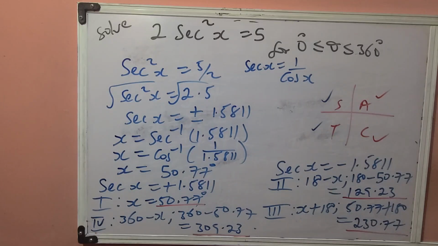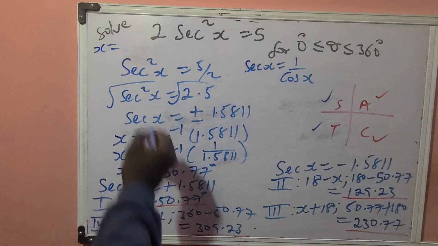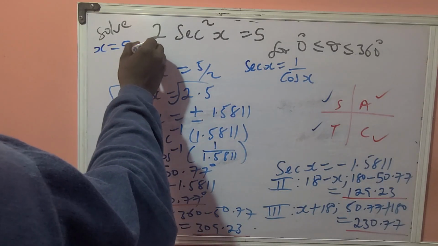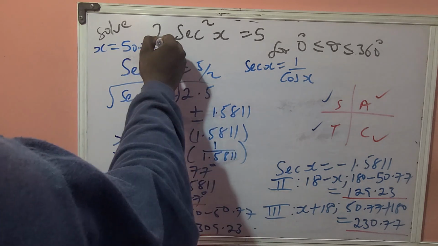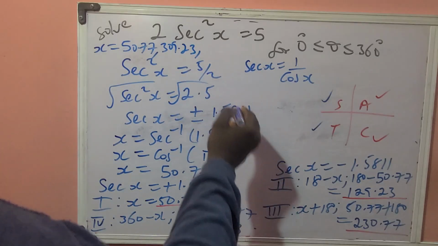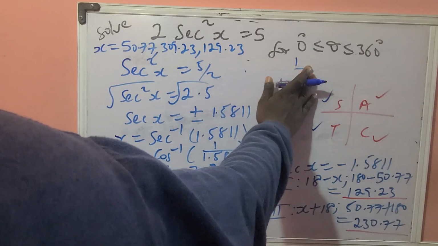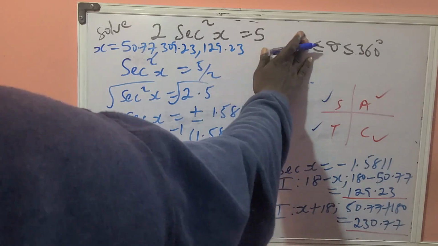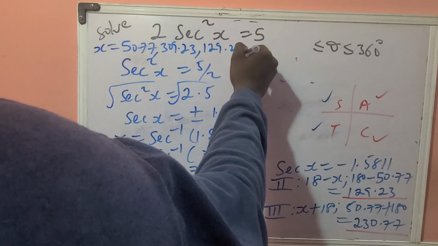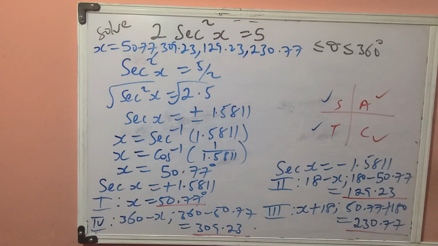We can conclude that our x value for this particular question is 50.77, if we have not made any error in our calculation, 309.23, 129.23, and finally the last one, 230.77. This is how you solve questions given the sec inverse of a particular trigonometric function.